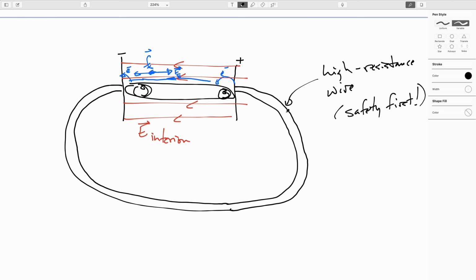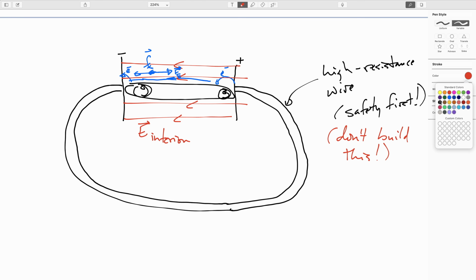Let's think of this as a thought experiment. So with all of those caveats in mind, here I'm even going to say, don't build this. So with all those caveats in mind, let's think about what would happen to the fringe field.